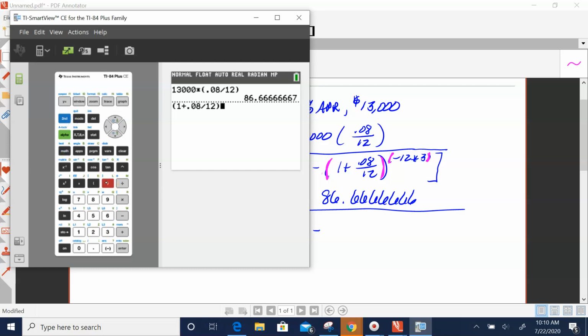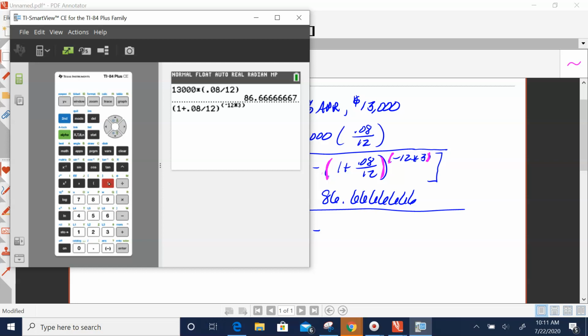Then I'm going to use my exponent feature. In this case, it is this caret button, but on your calculator, it might be a y to the x or an x to the y. In my exponent, I'm going to put in parentheses and type in the negative. The little negative on the TI calculator is at the bottom, a little negative in parentheses. Negative 12 times 3 power, and I'm going to close that parenthesis.